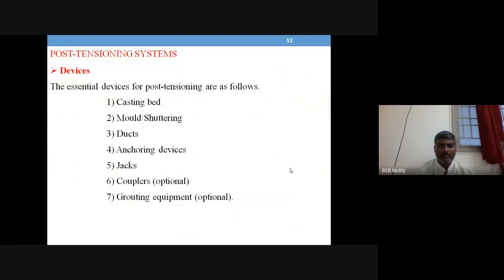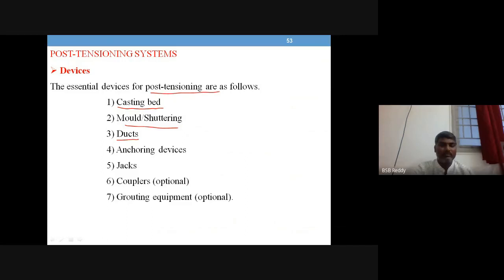Right. Today we'll talk about the devices used in the post-tensioning system. Essential devices for post-tensioning are like you need to prepare concrete prior to tensioning. So a casting bed is required and a mold or shuttering is required. Ducts are required.